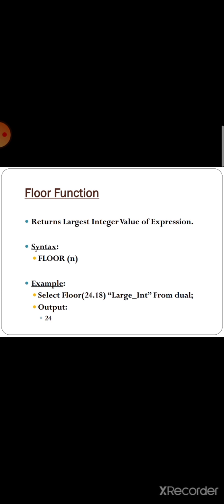You just see the output, 24. 24.18 is the given number, but after the dot point there is the number 1, it is not greater than or equal to 5, so the integer will be taken as it is, as 24. So 24 is the output for this function.